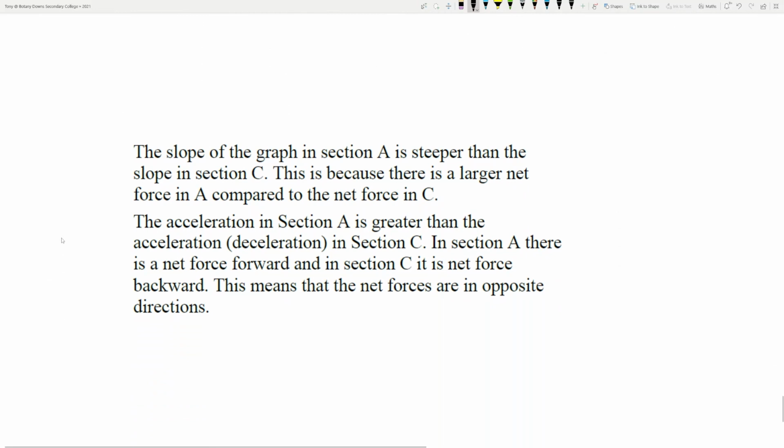So here it is. You can see the slope is steeper, so you've got a larger gradient that results in a larger force. The acceleration in A is greater because it has a greater gradient and a greater net force. In section A the net force goes forward, in section C it goes backwards, and that results in acceleration and deceleration. Okay, I think this is the exam.